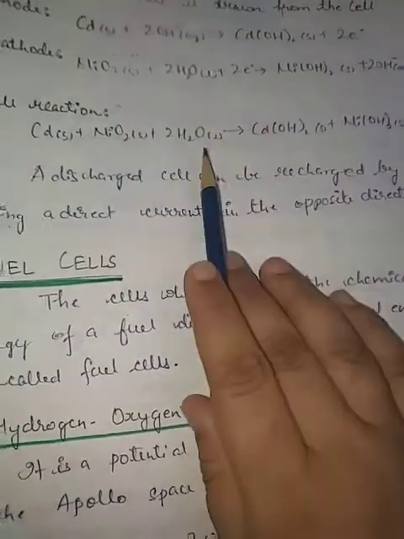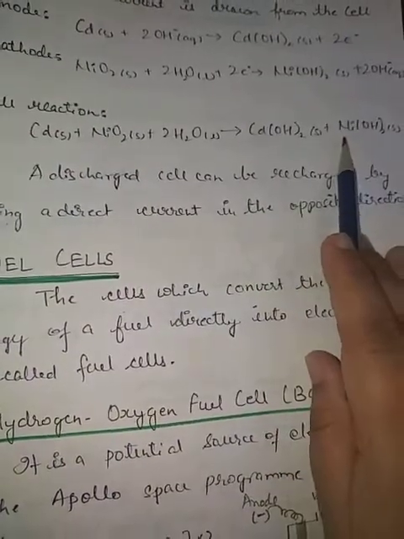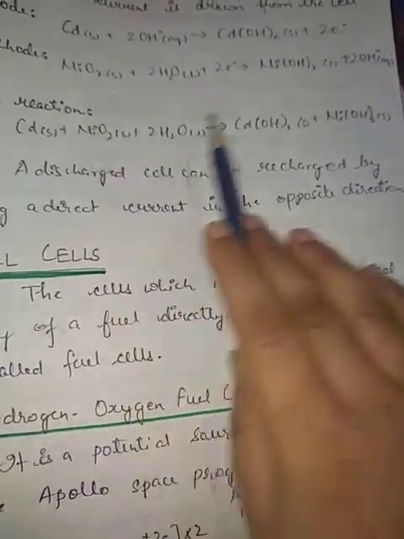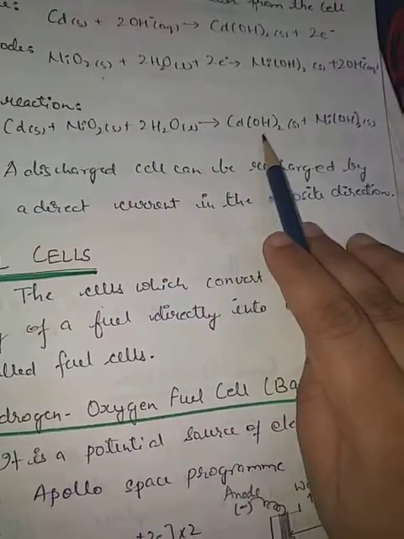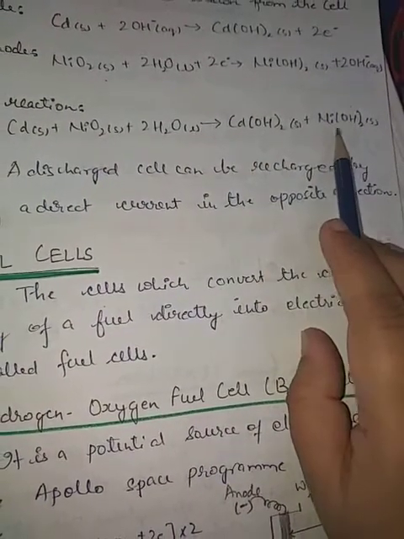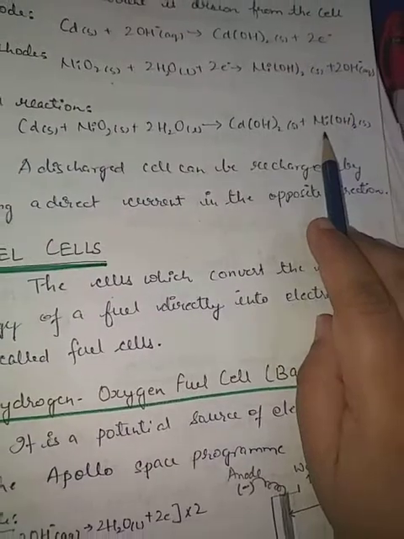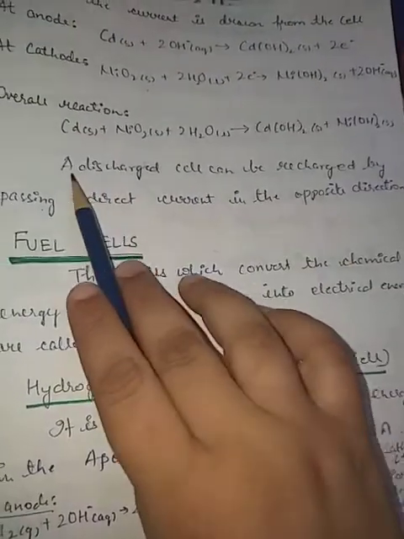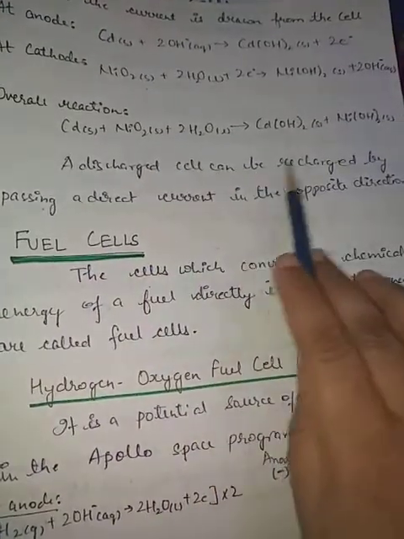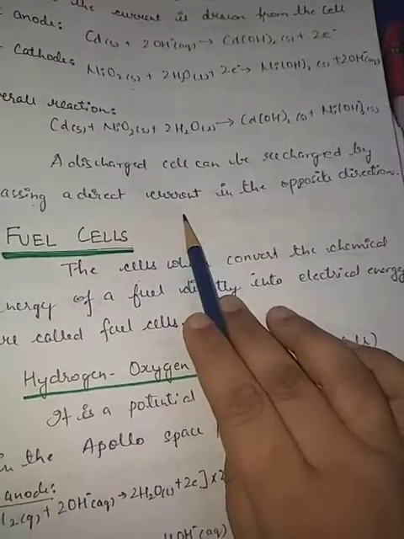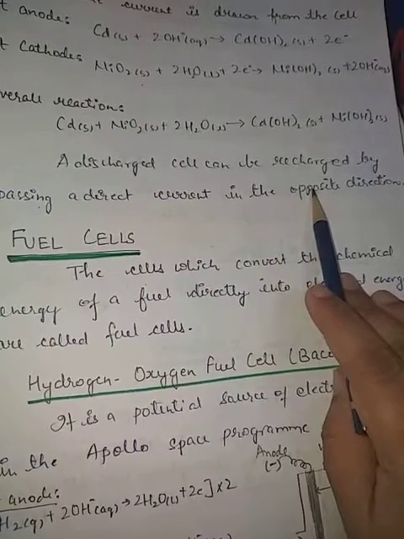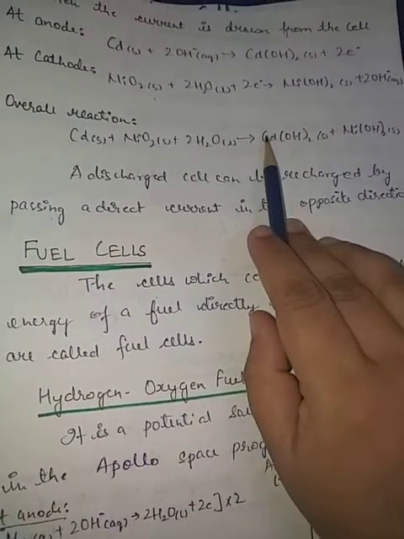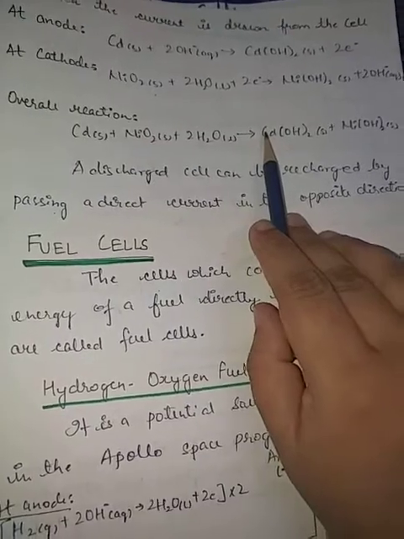Here too, if we see the overall reaction, cadmium and nickel oxide were present before the reaction, and now we have obtained cadmium hydroxide and nickel hydroxide. Here too, direct current is provided for the recharging of the battery, and it is written here also, the discharged cell can be recharged by passing the direct current in the opposite direction. When we pass direct current in the opposite direction, this discharged battery will be charged again.